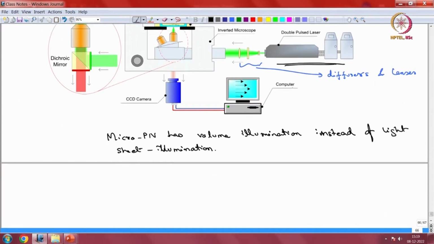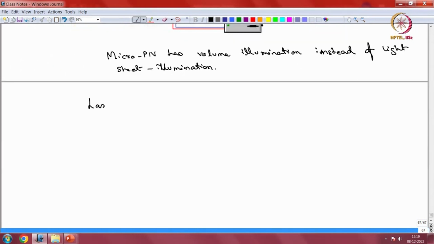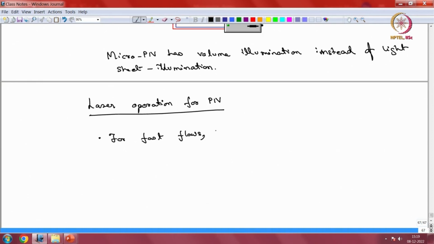These are the typical micro PIV lasers. In laser operation for PIV, for fast flows, PIV usually requires a double pulse laser, and we will see why that is the case, but I am just stating the issues here.